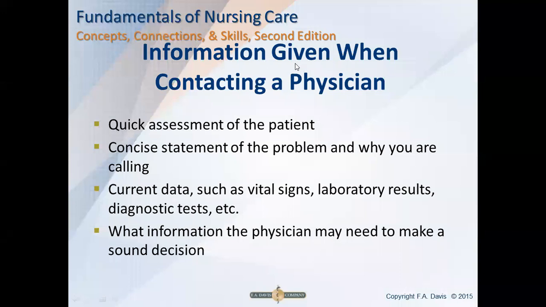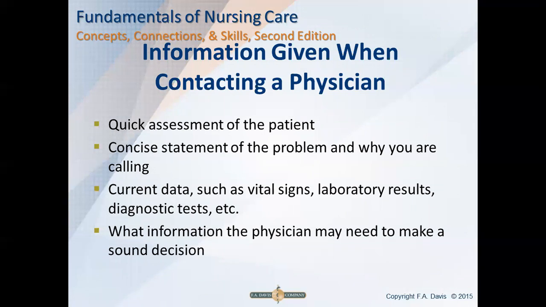So, information given when contacting a physician. Like you are going to talk with a physician about your patient. What information do you have to gather before talking to the healthcare provider? Before talking to the physician, go and do a quick assessment of the patient, like vital signs.